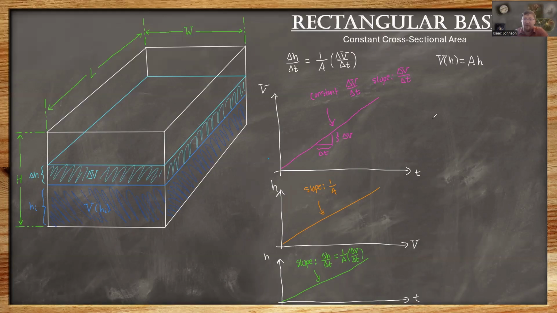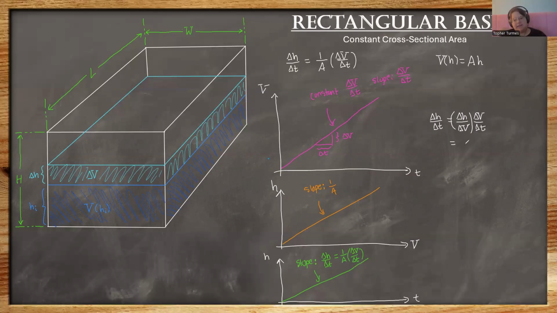And good point. So what we've really found is that if you want to find delta H over delta T, you can do it by taking delta H over delta V and multiplying it by delta V over delta T. Because delta H over delta V is what?